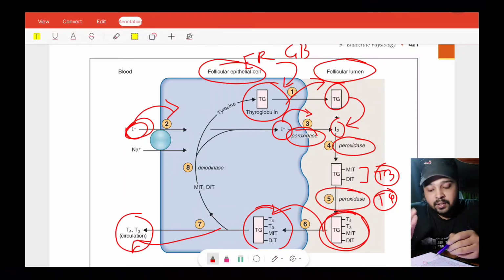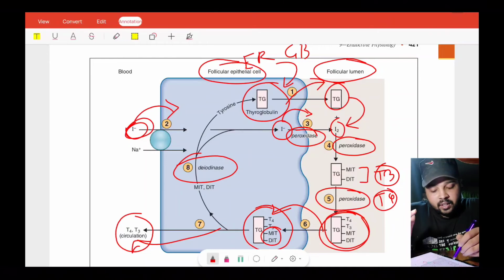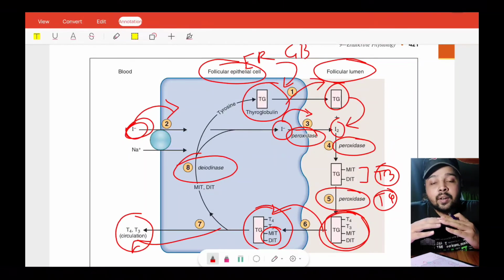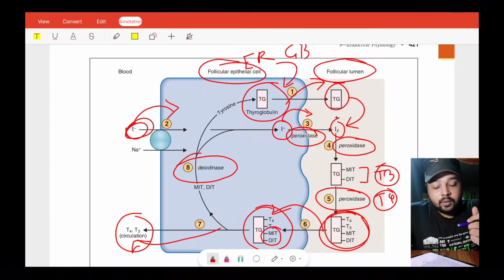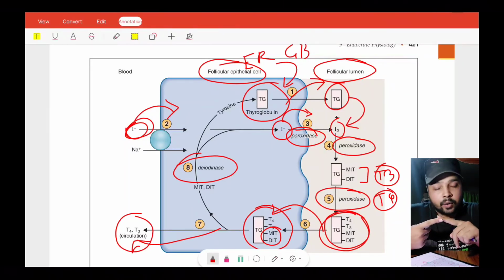The last step is called the deiodination of MIT and DIT. In the deiodination, MIT and DIT are excluded from the thyroglobulin and separated. As we know, MIT and DIT are mainly made up of the iodine and the thyroglobulin.